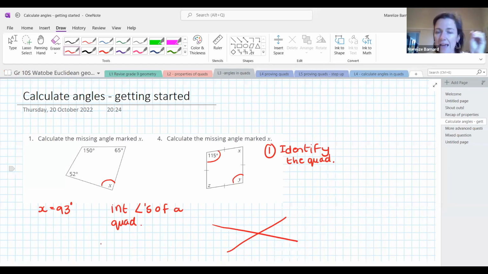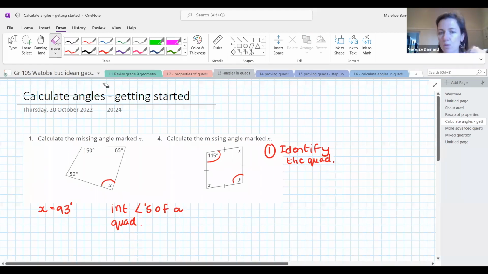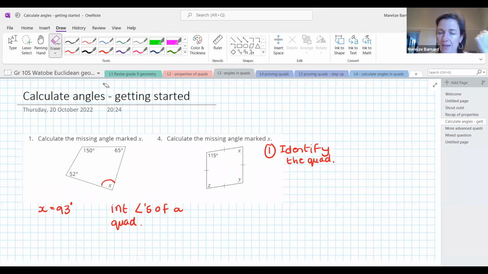These are opposite angles, but they are most certainly not vertically opposite angles. These angles would be vertically opposite because they are on straight lines that cross. But if you are working in a shape, in a quadrilateral, then we can't mix things up, okay? It's either vertically opposite, and if we're on a shape, they are just opposite.